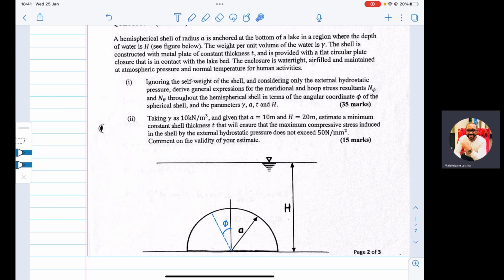So we need to find the thickness of the shell such that the maximum compressive stress induced in the shell is within this limit.